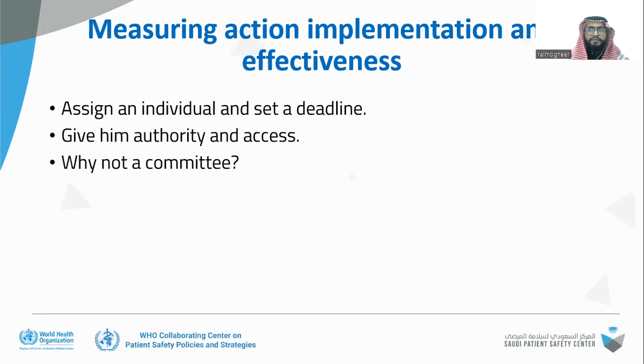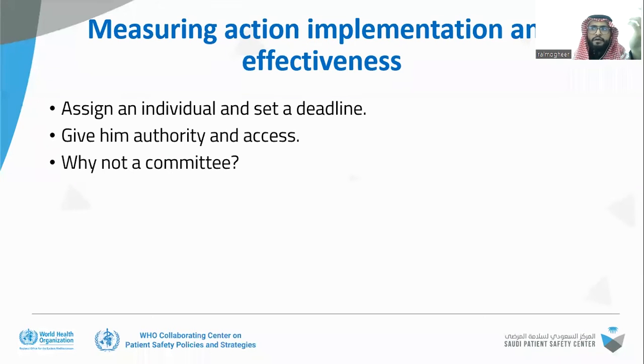It's not a committee. The responsibility of each action should be for an individual. We should also set a date by which the action must be completed. And this individual must have the authority to affect change and should have the resources or access to the resources to implement the action.